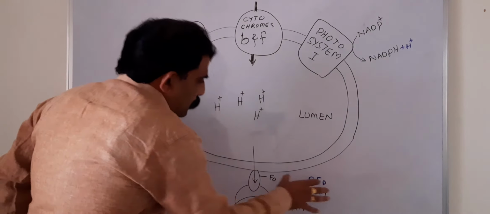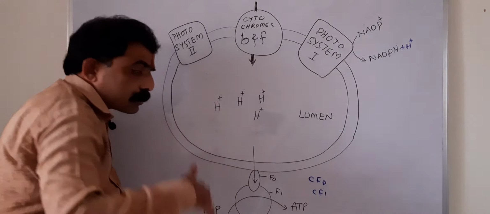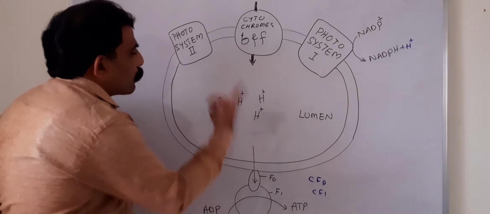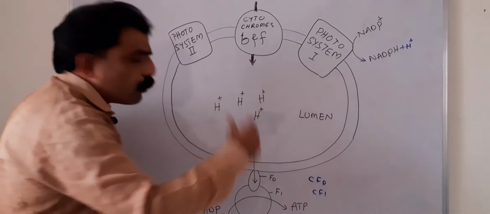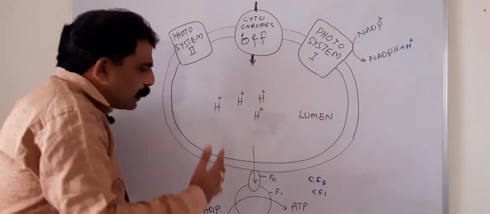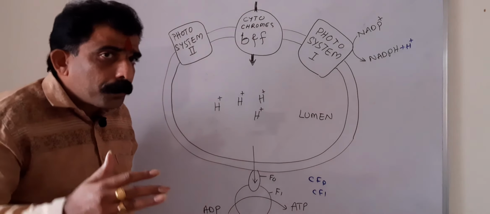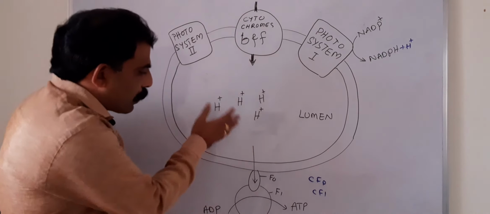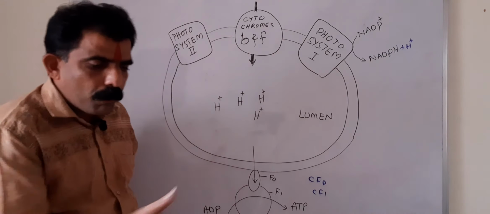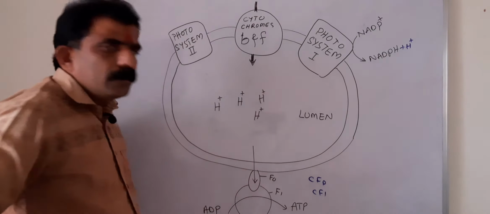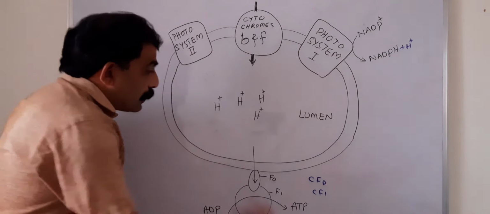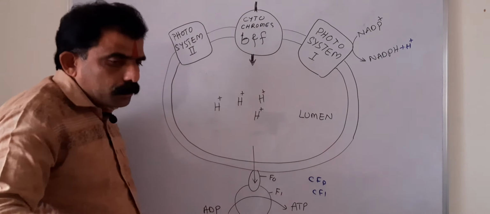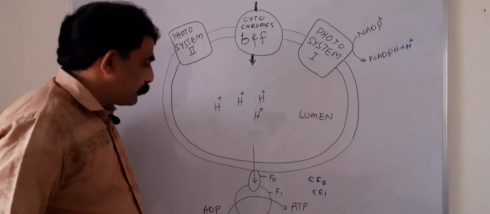Here, the CF0 part acts as a transmembrane channel that facilitates the transfer of protons from the lumen into the stroma. So facilitated diffusion of the protons is aided by F0, which allows the protons to flow back from the lumen into the stroma, whereas the F1 part, otherwise CF1, projects outside into the stroma.